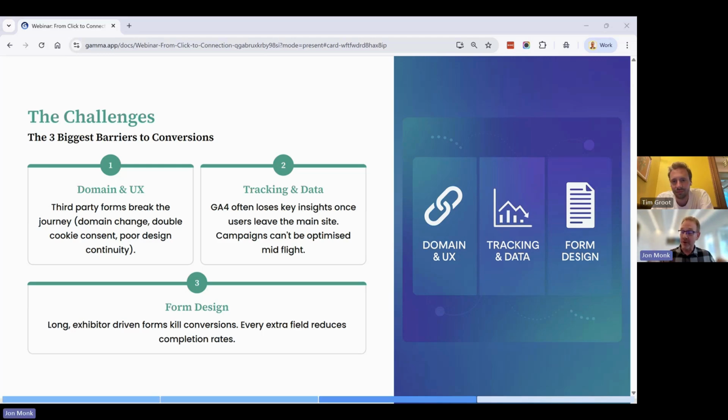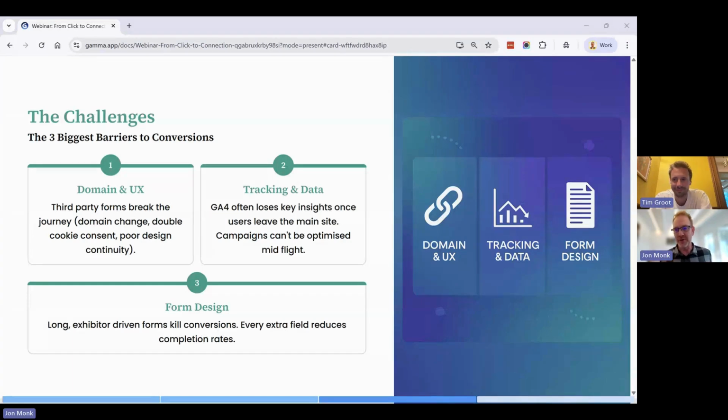The URL at the top could be completely different, and in probably the last year, there's been an additional problem: people go onto this third-party registration form, and then you have to click cookie consent. You have to click yes again. So that journey struck me as really not great.